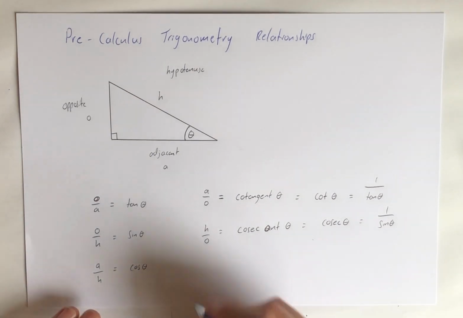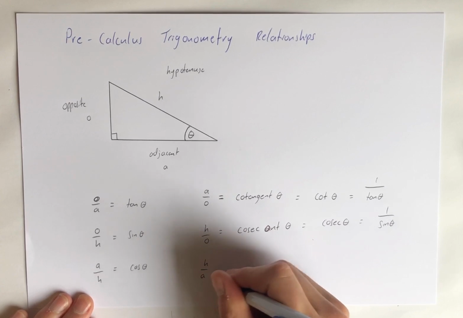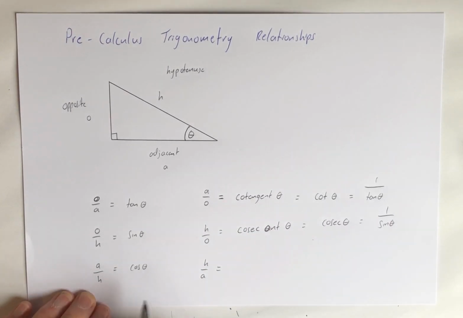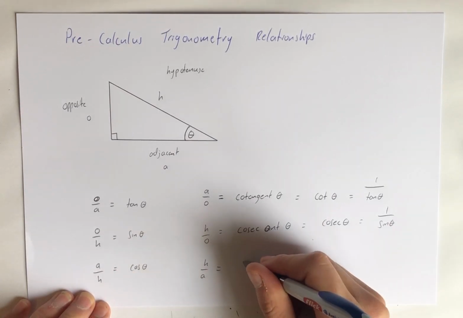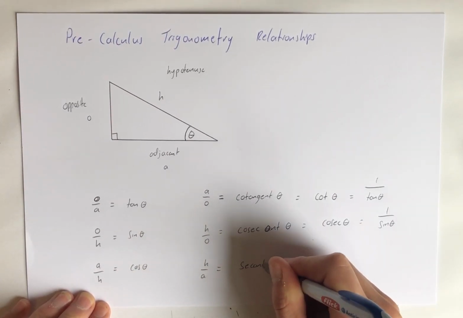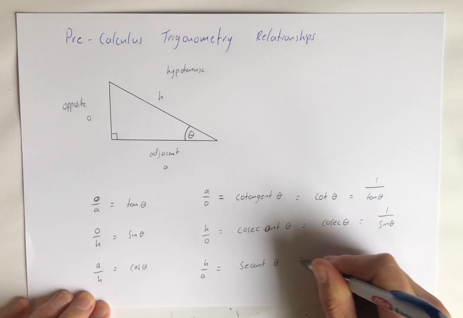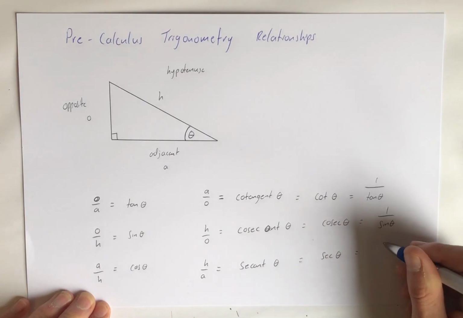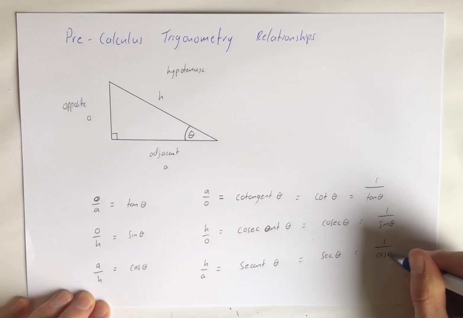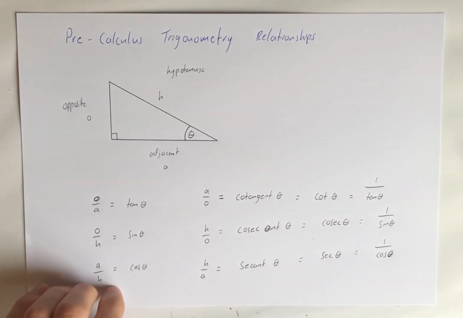Okay, so our last one is H over A. Now that's a reciprocal of cosine. So we call this one secant theta or sec theta, and that's just the reciprocal of the cosine function.